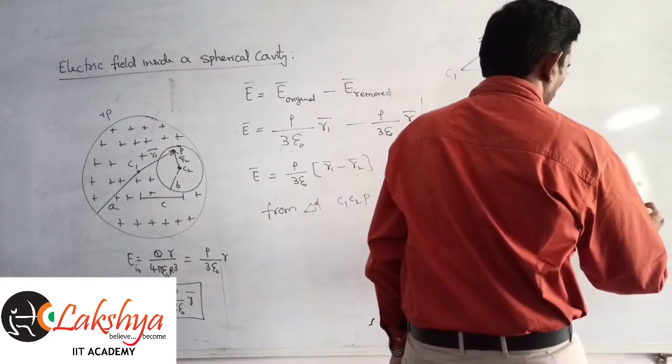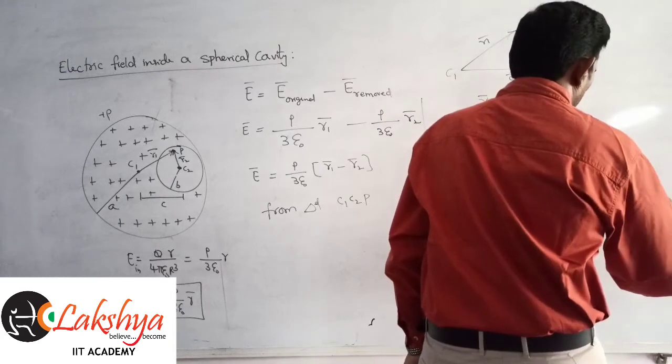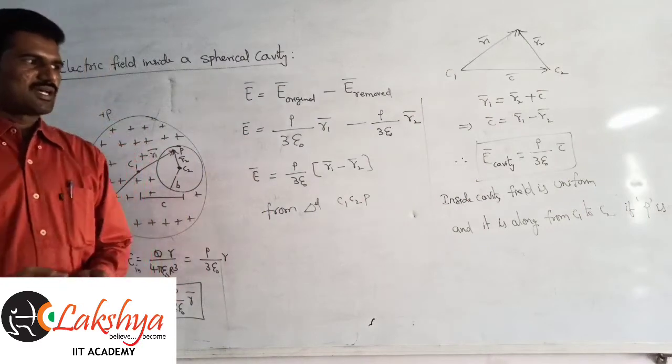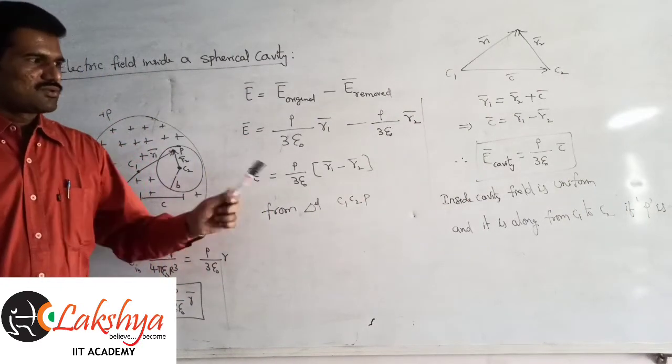If rho is positive, that means if the charge density is positive, then it is from C1 to C2. If the charge density is negative, then you will get the opposite direction here. So that is the intensity of electric field inside the spherical cavity.